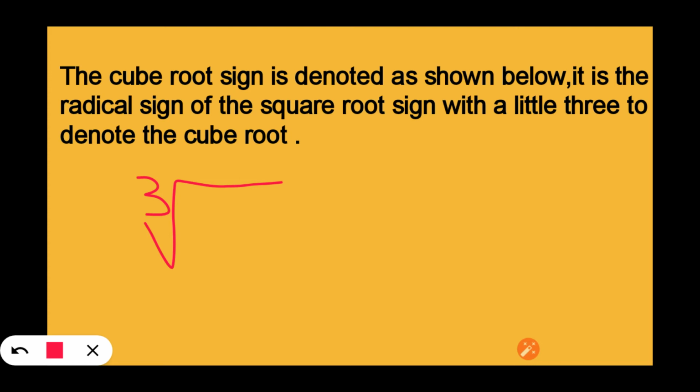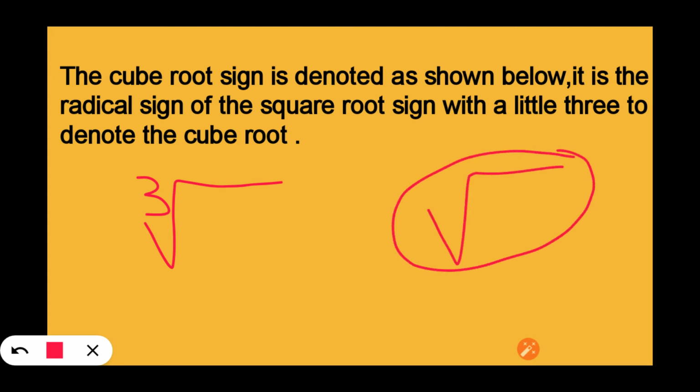This is my square root sign, while this is my cube root sign. The difference between the cube root and the square root sign is that we have a little 3 at the radical sign.